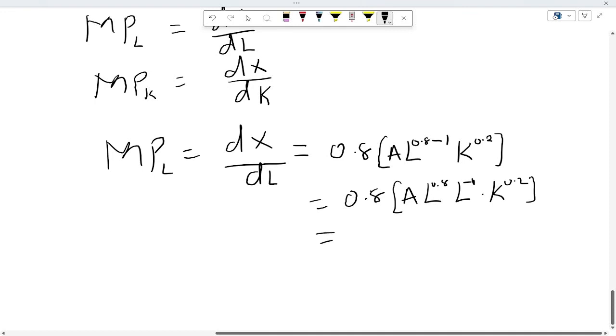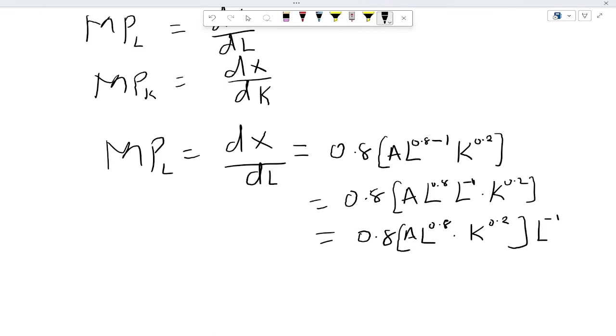Then you can go further to make it 0.8 times AL raised to power 0.8 multiplied by K raised to power 0.2. You take that L raised to power minus 1 outside of the bracket.